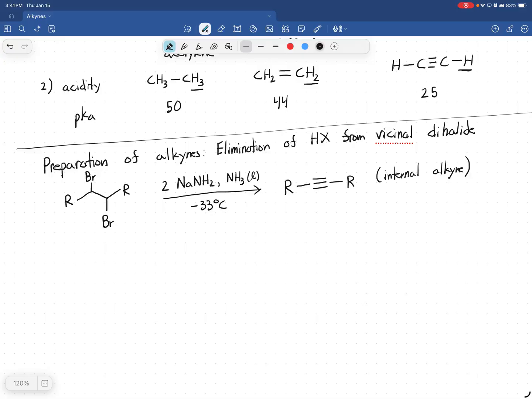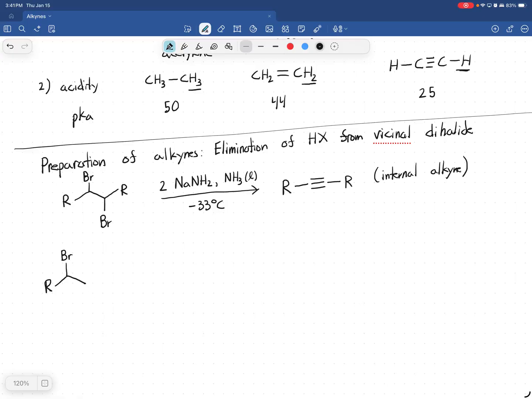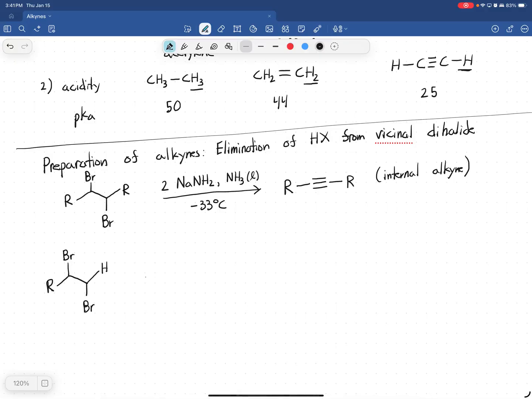All right. Now, how about a terminal alkyne? The same kind of thing, except now, instead of an R group at the site of alkyne formation, you're just going to have an H. So there's going to be a terminal carbon atom here, and Br here, so still a dihalide.